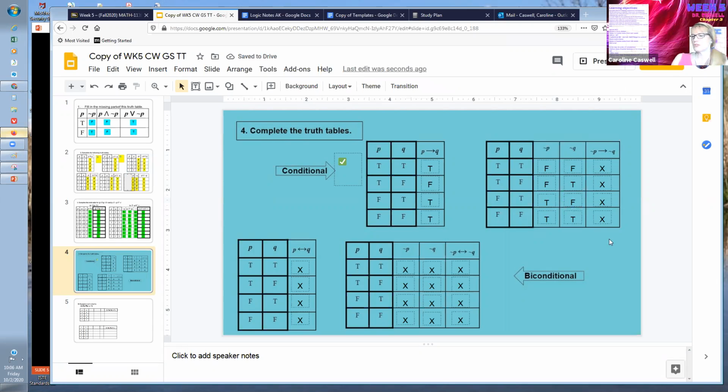Just double check your not P's and your not Q's against mine. Those should be pretty common now. You shouldn't be having too much trouble with that at this point. The if-then is the new piece.